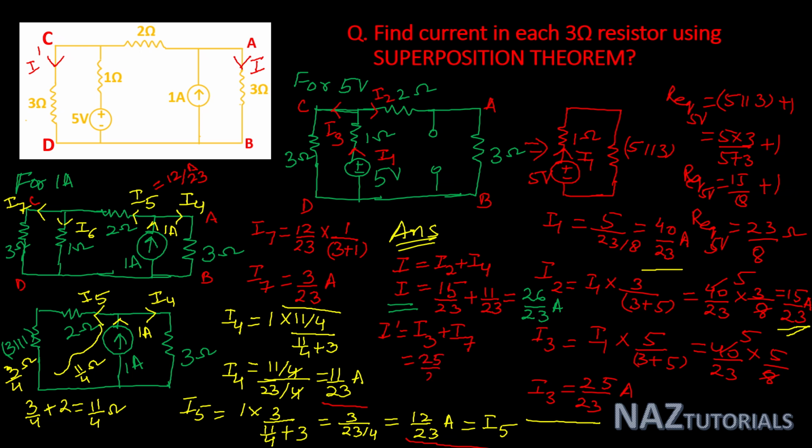So the answer for I dash is 28 by 23 ampere. So this is our answer for I and I dash.